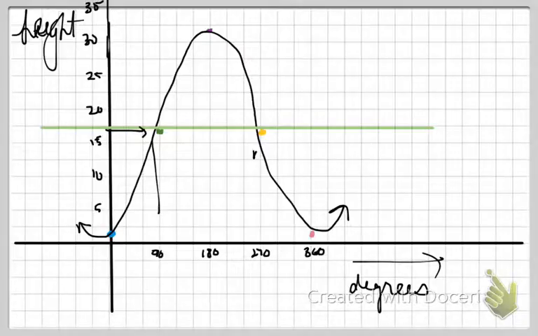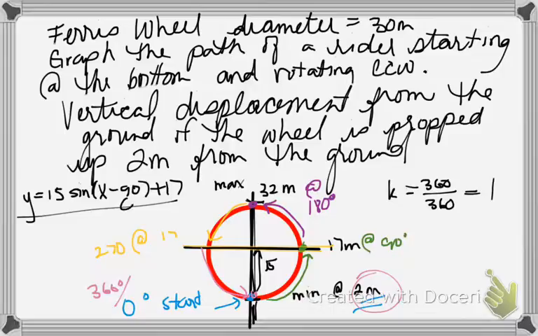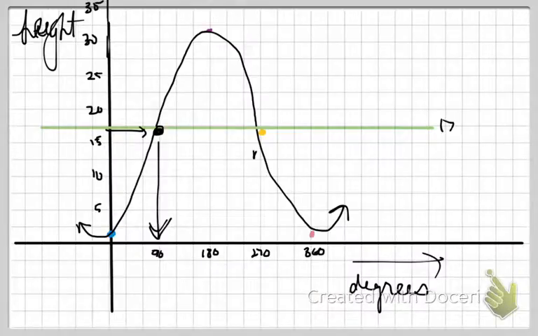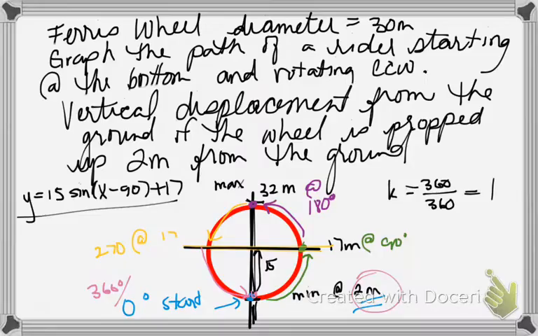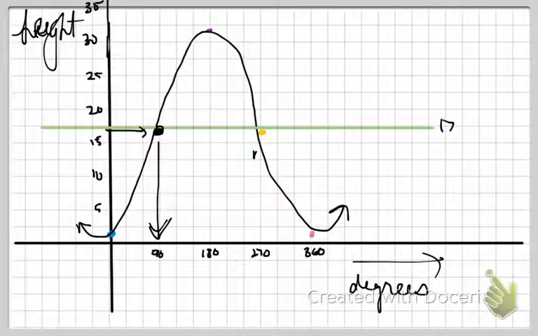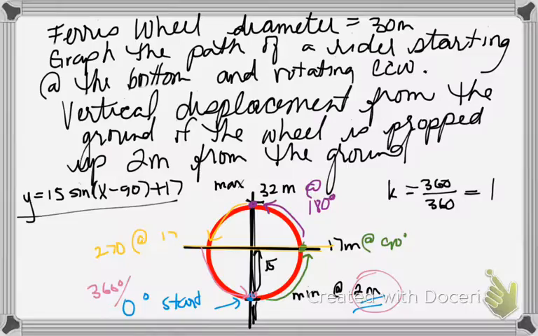Okay, so since we can see that our rising midline point starts at 17, we can see that our d value for sine is 90 to the right, and that's why we put this 90 value here. Okay, we can also see that the center of our graph is at 17, which means that's our c value, and we can count the amplitude if we want. It goes from 2 to 32. So 32 minus 2 is 30, divided by 2 is 15. So there you have it.